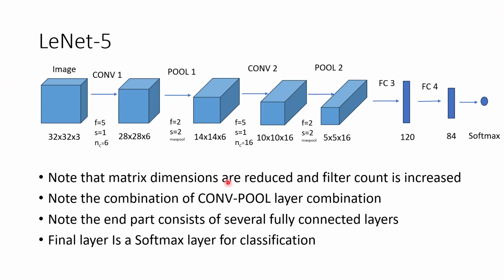This LeNet-5 represents the typical structure or the architecture of a convolutional neural network, which can be said to be one of the earliest successful convolutional neural networks that were developed.